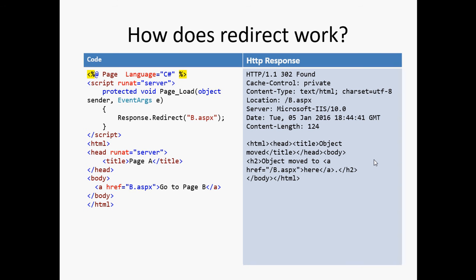Then it makes a whole new request to the server to send whatever is specified in the location header. You won't be able to see this in the view source on the page though. Why not? As soon as the browser sees this response, the address bar will move to the next page and start requesting it. Since the next page request is already underway, there's no source code to view.